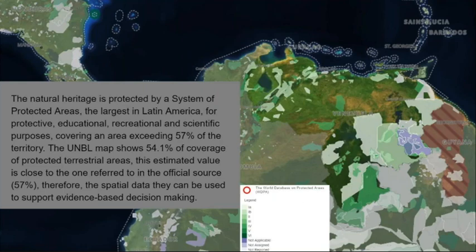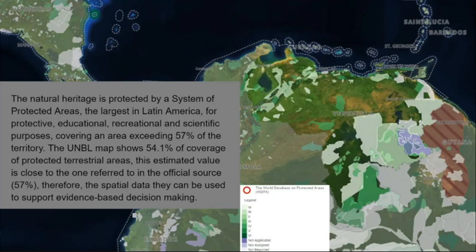This value is close to the one referred to in official sources, that is 57%. Therefore, the spatial data can be used as supporting evidence for decision making.